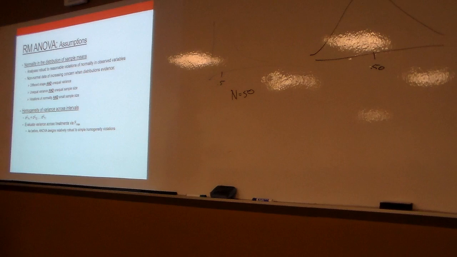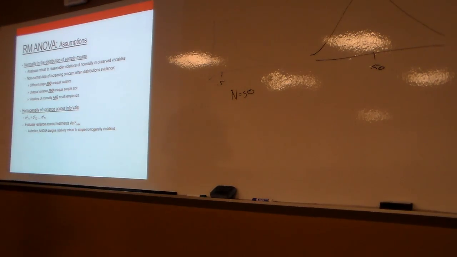If I've got cell sizes of 5 and someone's 4 standard deviations from the mean, yeah, that's a problem, right? If I've got a cell sample of 30 and someone's 3.5 standard deviations from the mean, I certainly want to talk about that, but it's probably not going to be as big of an issue, right?